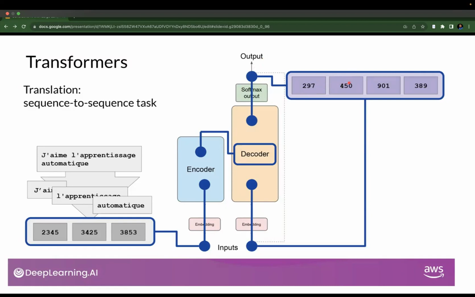So the process of creating the output will continue by the decoder until end of sentence or end of sequence is reached. The decoder has to keep track of the context from the encoder plus what tokens have been generated so far, so that these two things influence which tokens will be generated next.